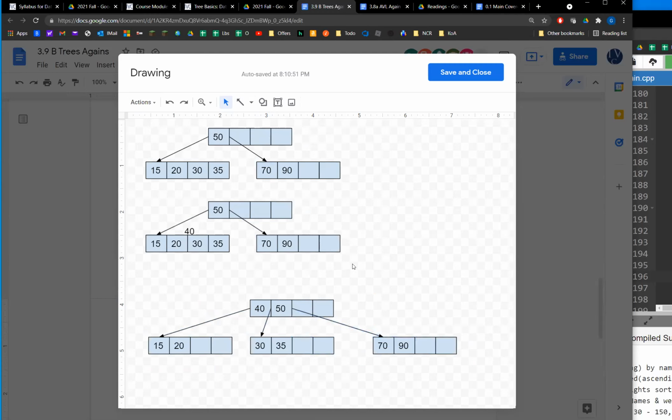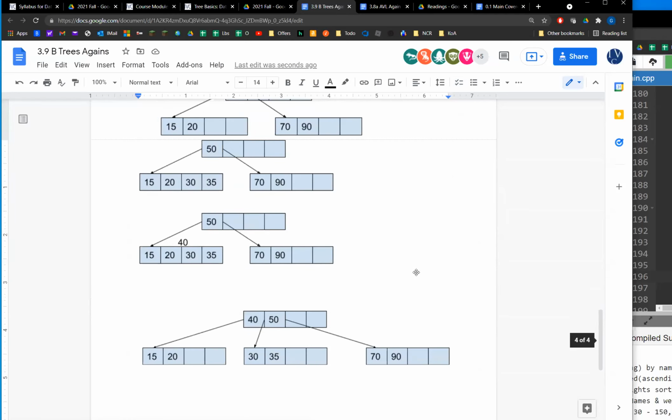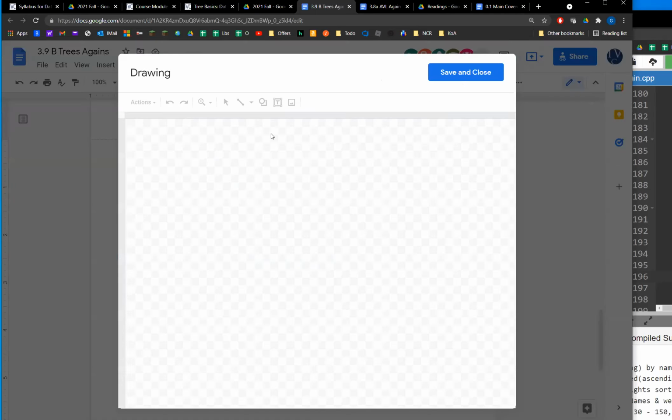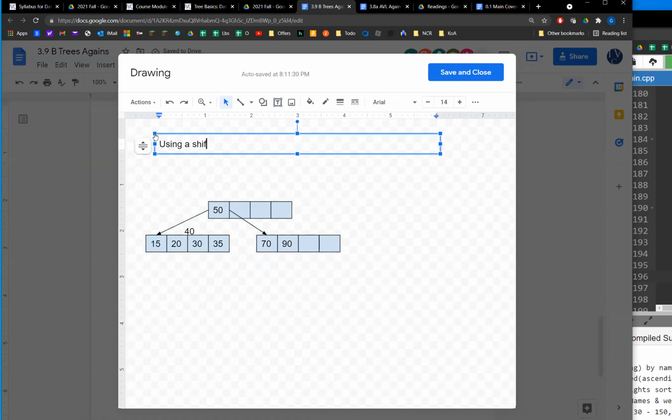All right, so the other thing that we could have done is a little bit of a different thing. There, so we shift instead of a split.